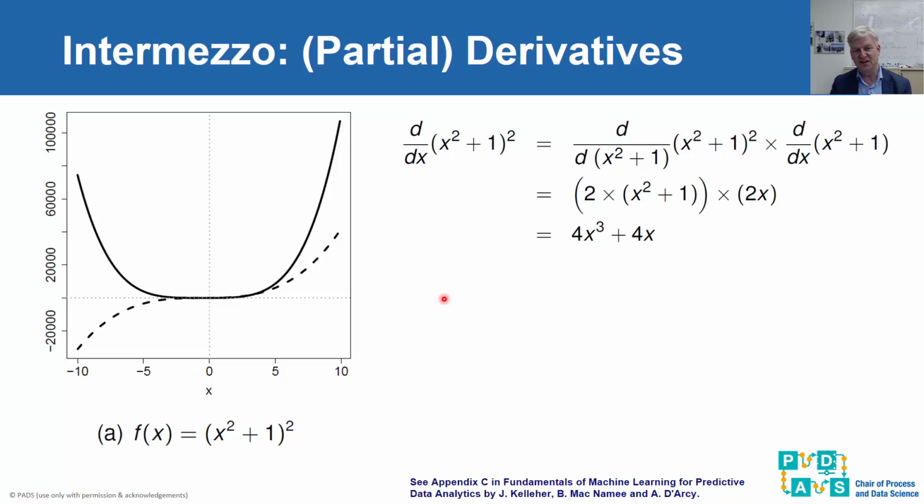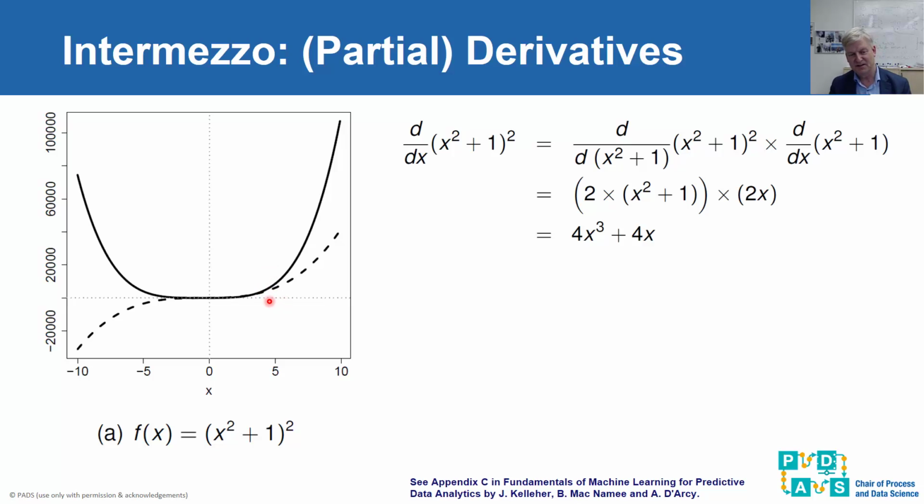This is visualizing the derivative. This is the function f(x), with the solid black line. And here the dashed line is showing the derivative. Here it's negative because we are going down. Then there is a plateau, where the derivative is 0. And then it's going up again.